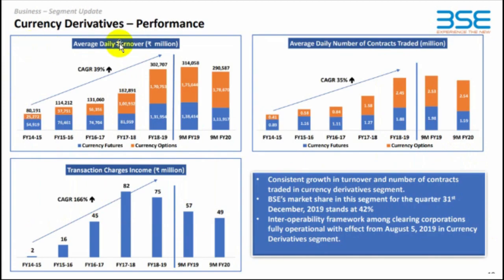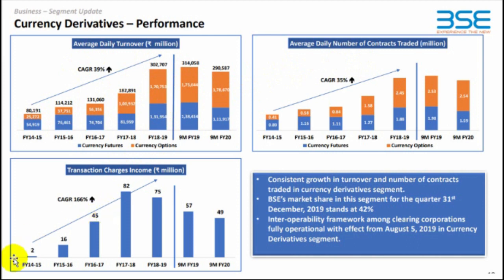If you look at the currency derivatives performance, average daily turnover in FY 18-19 was around 30,270 crores of daily turnover. Whereas in the 9-month ending FY 20, that turnover has slightly reduced to around 29,058 crores every day. We see an upward growth of around 39% in the daily turnover. So the more the turnover, the more the transaction charges.